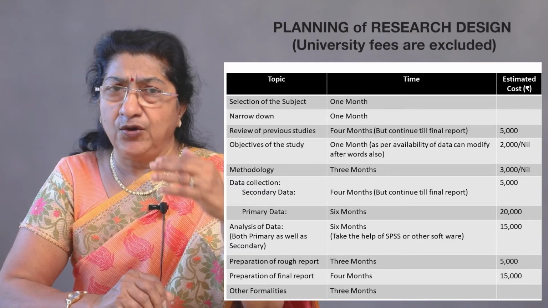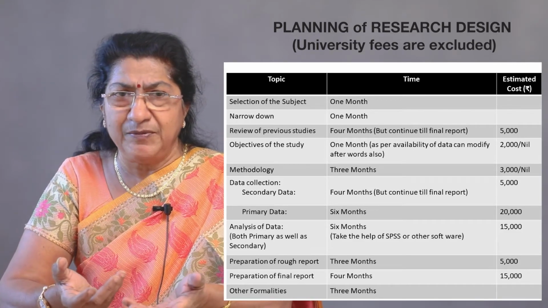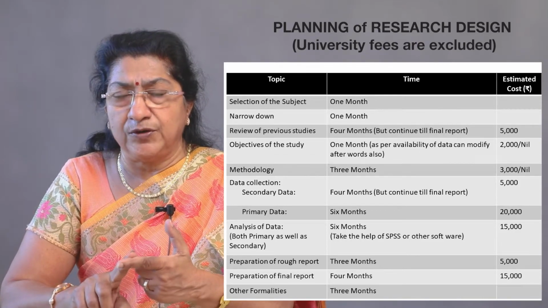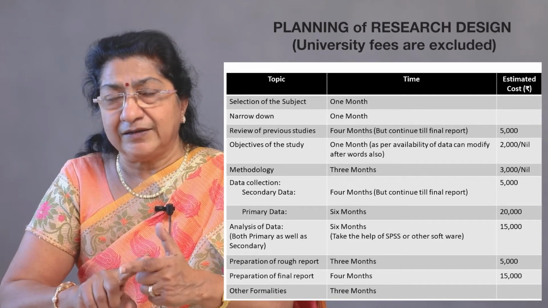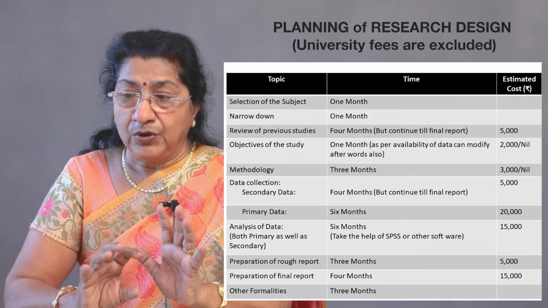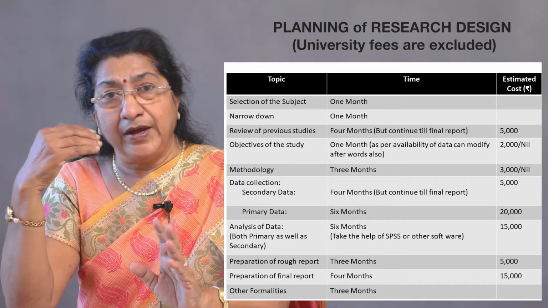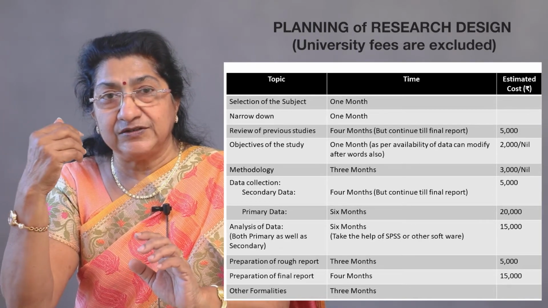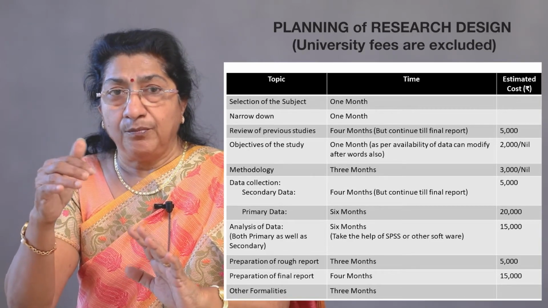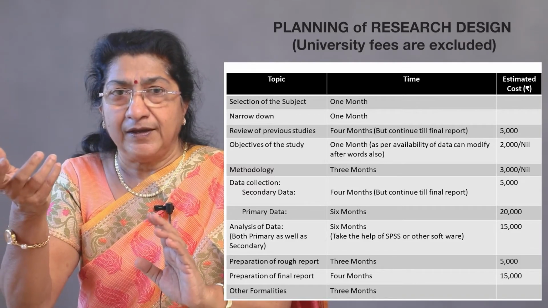If only old reviews are available, then nobody will consider it, because the situation may be different. So, till submission of the final report, please try to collect reviews. Then the minimum cost is 5,000. Why? You may have to visit other libraries, and many channels give the review, but for that they will charge and you have to pay.